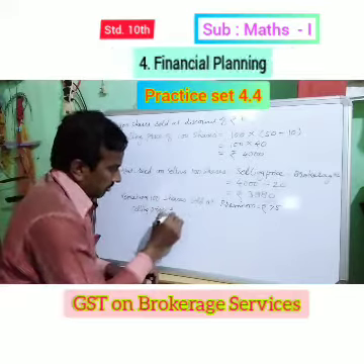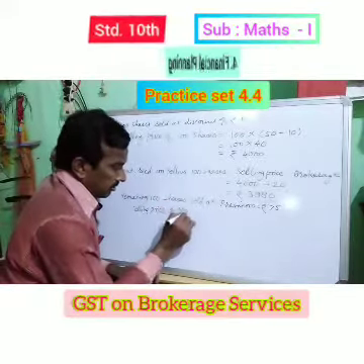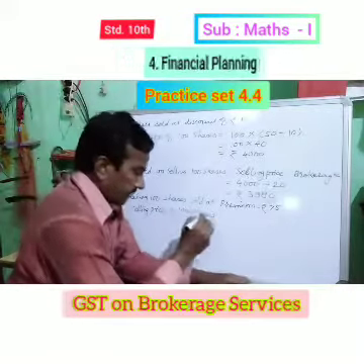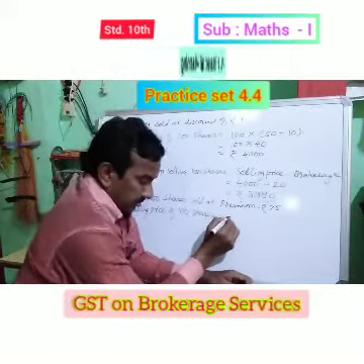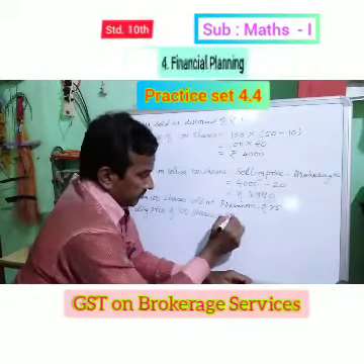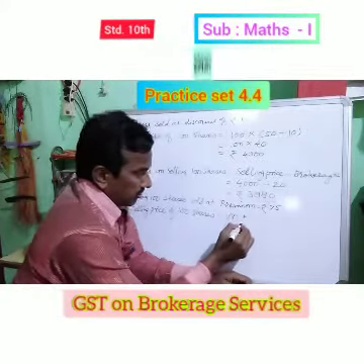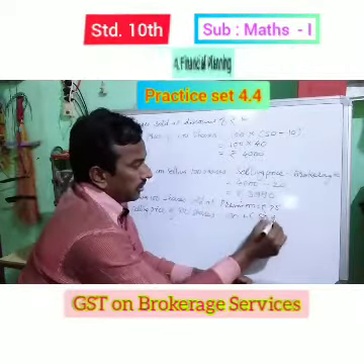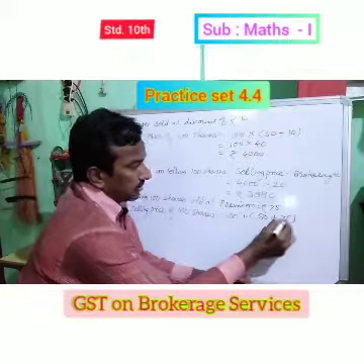Selling price of these 100 shares is, now total 100 shares sold plus premium, we know face value 50 and premium 75, this is market value.